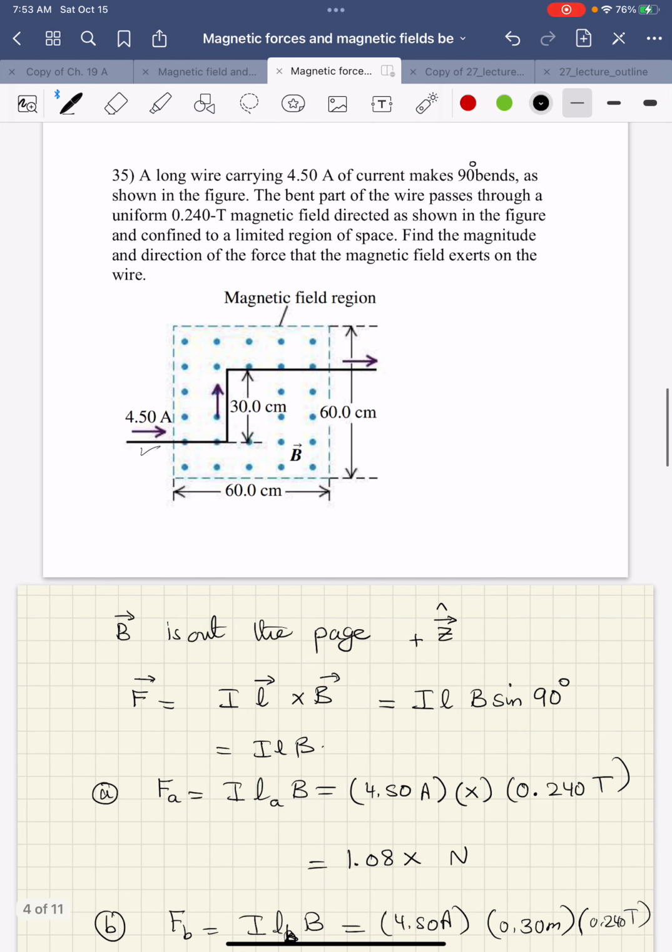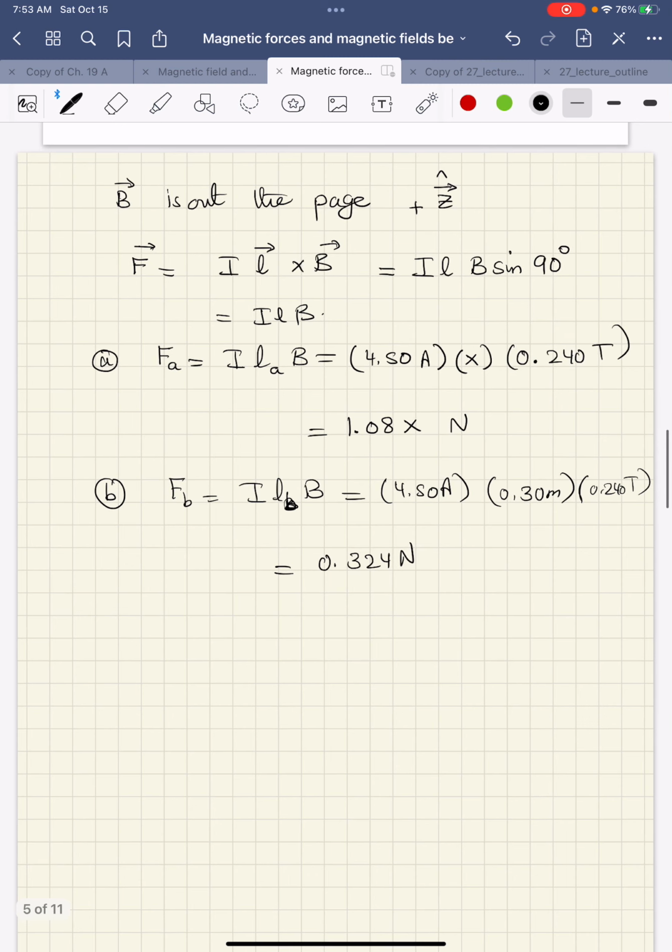Now for the third part, I know that the whole thing is 60, and then this piece here, from here to here, is going to be 60 minus x.